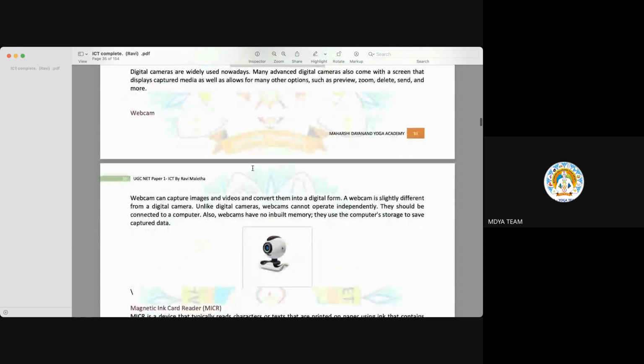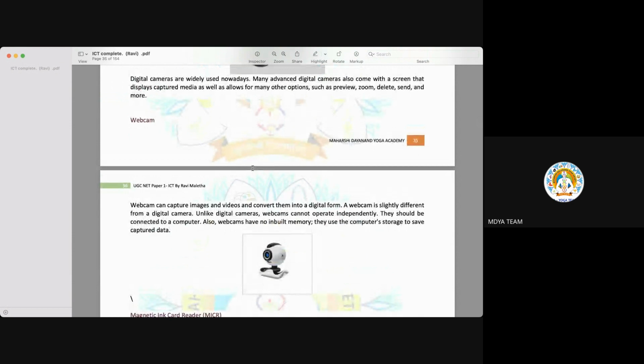Then the webcam is used to capture an image or take a photo of anything, like any vehicle or any person. These webcams are connected to a computer system.